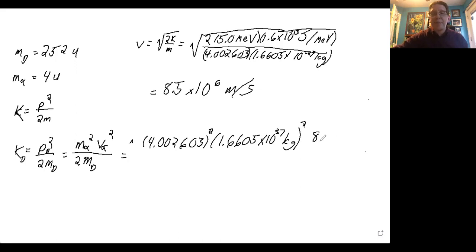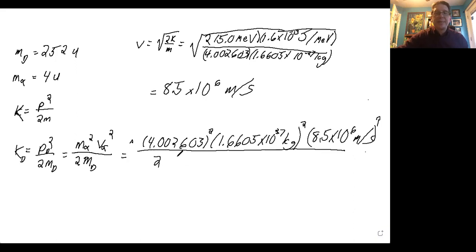And then 8.5 times 10 to the 6th meters per second, and you're squaring that. And you're dividing by 2 times the mass of the daughter nucleus, which is 252 times 1.6605 times 10 to the negative 27 kilograms.